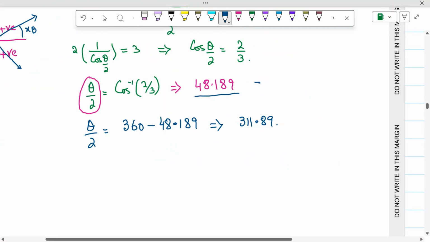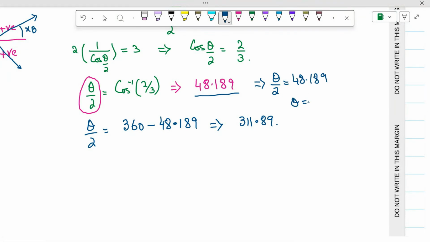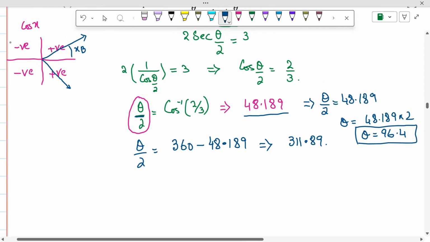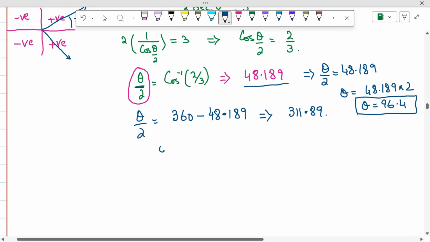So further solving, theta by 2 is equal to 48.189. So theta is equal to 48.189 times 2. So in this case, theta is equal to 96.4. This is the one angle, where theta lies in the second quadrant while theta by 2 is in the first quadrant. Similarly, in the second angle, theta by 2 is equal to 311.89.